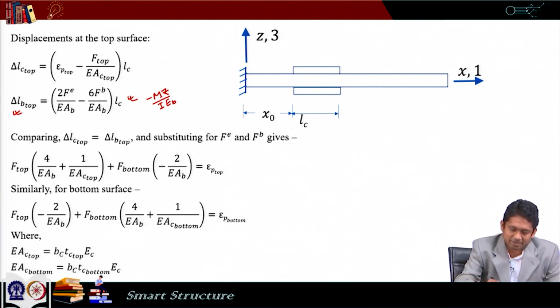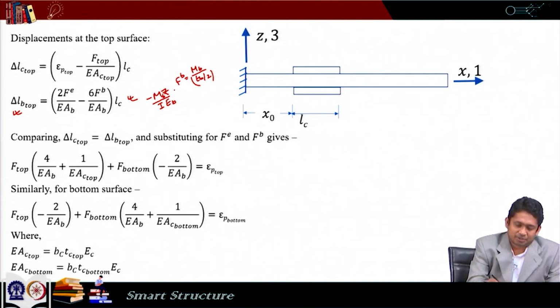And now, this M can be related to Fb, so Mb is Fb multiplied by Tb by 2, where Mb is the actuation bending moment. So, this Mb and M are basically the same.